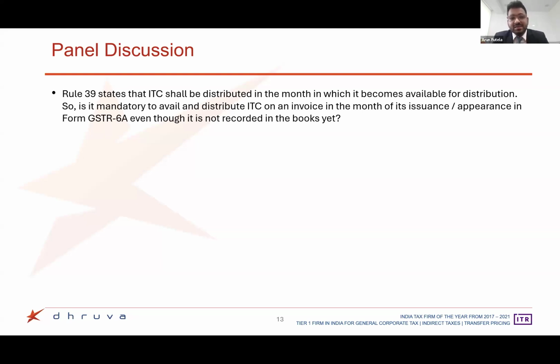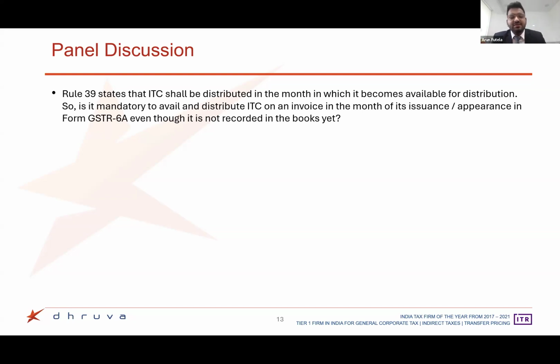It comes from the GST ISD return, GSTR 6. The key table in the ISD return is table 3, wherein you put the invoices which are going to be distributed. Whatever invoices you put in table 3 become available for distribution.